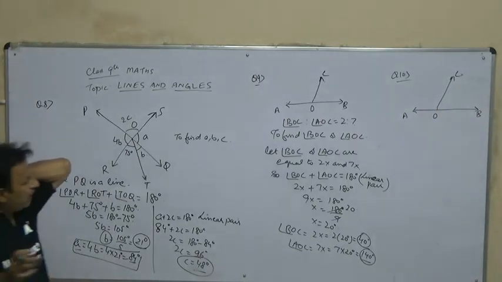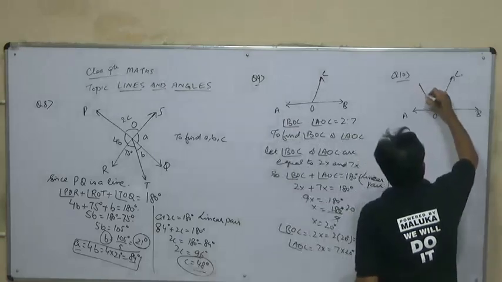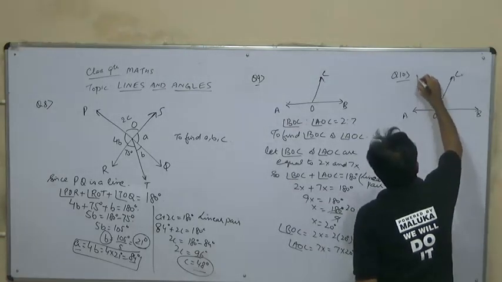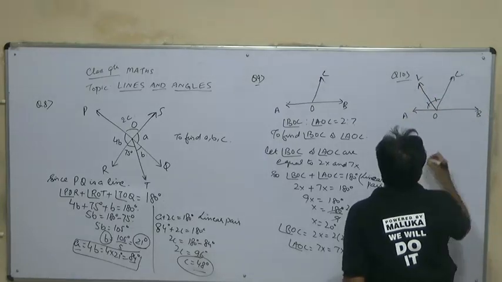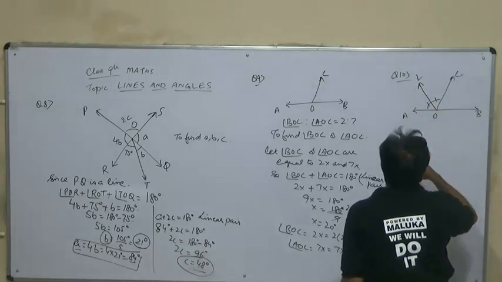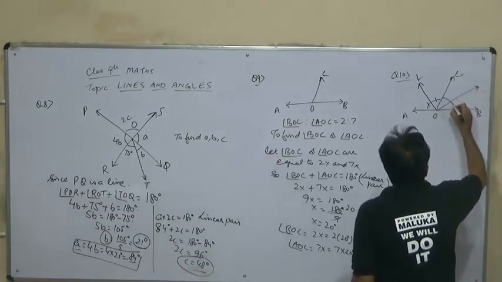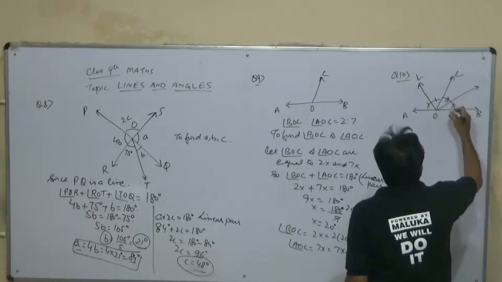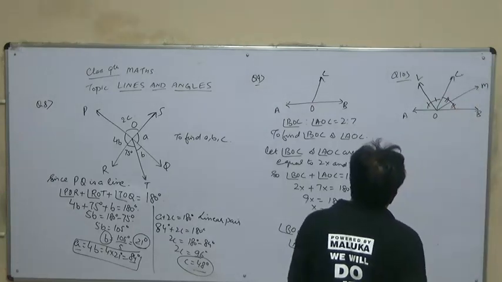OL is the bisector of AOC, and OM is the bisector of BOC.